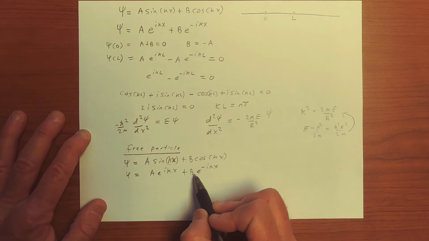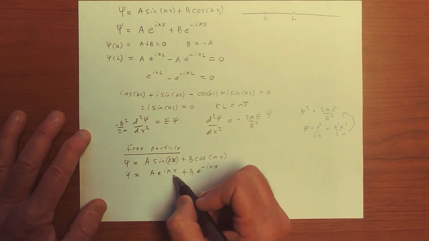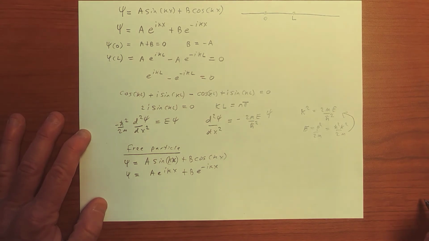And so we know that these kinds of functions are not, first of all, localizable, right? We can't localize the particle because these are just waves all the way to infinity in both directions. And there's no constraint on the energy.